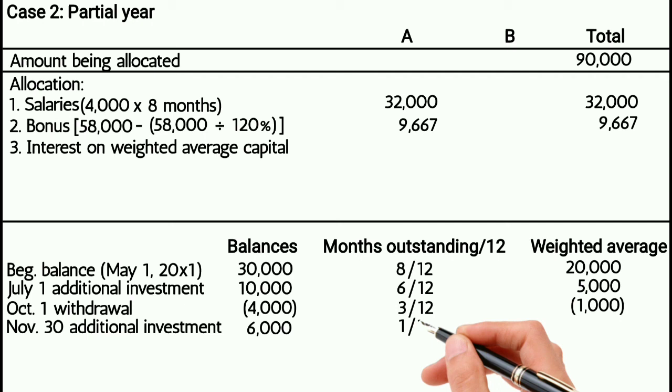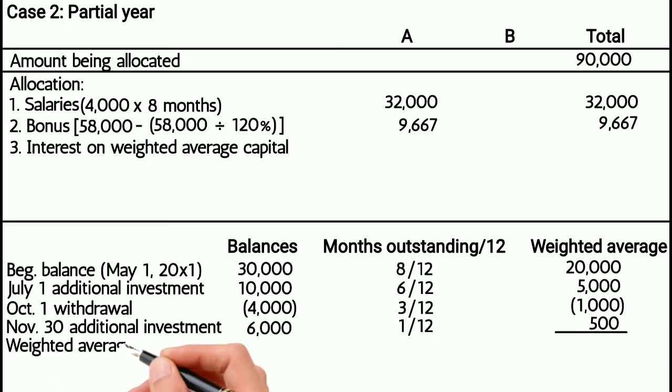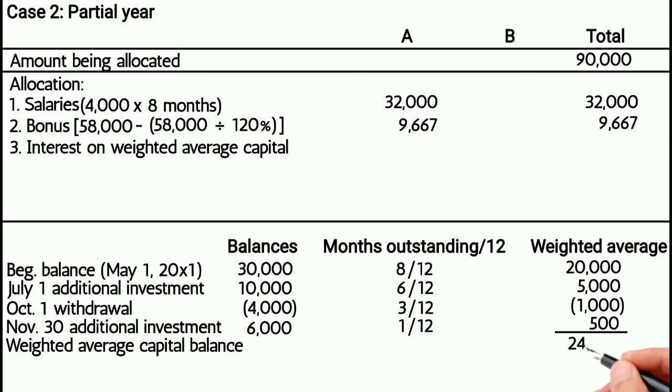Imumultiply natin yan sa 1 over 12 because there is 1 month outstanding from November 30 to December 31. 6,000 pesos times 1 over 12, ilan yan? 500 pesos. We can now compute for the weighted average capital balance. 20,000 pesos plus 5,000 pesos minus 1,000 pesos plus 500 pesos. Ilan yan? 24,500 pesos.